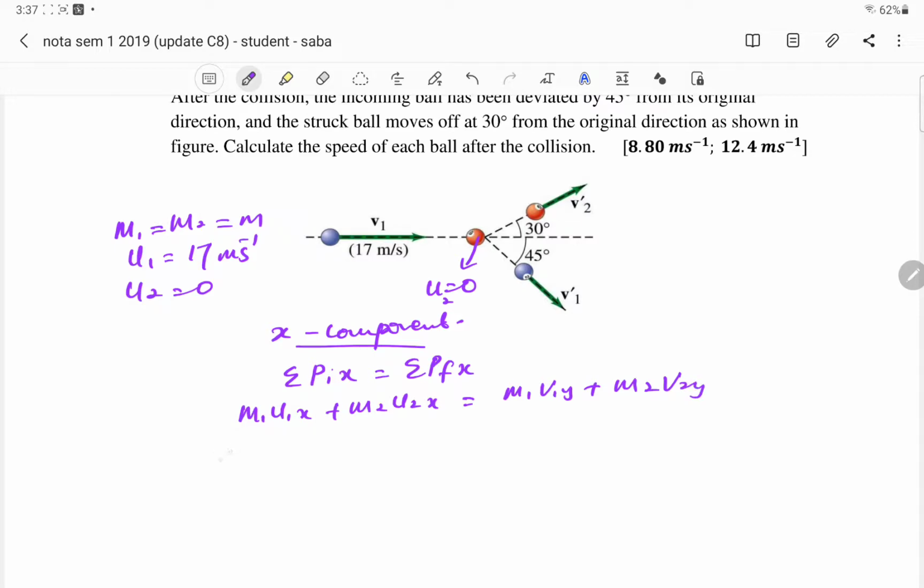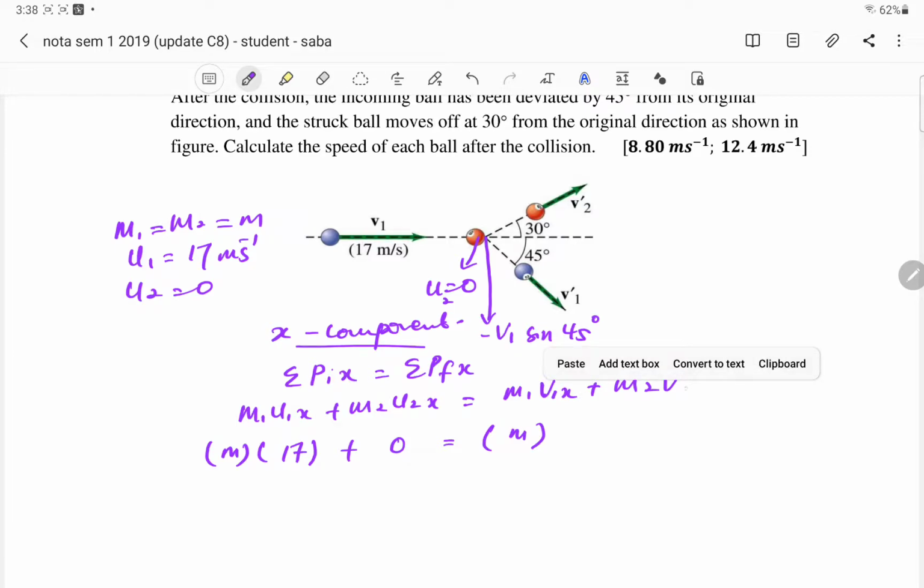So m1 is m, u1x is 17, plus m2 u2 is 0, equal to m v1x plus m v2x.